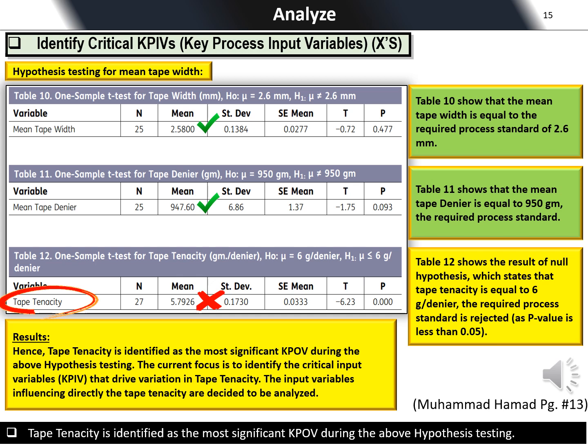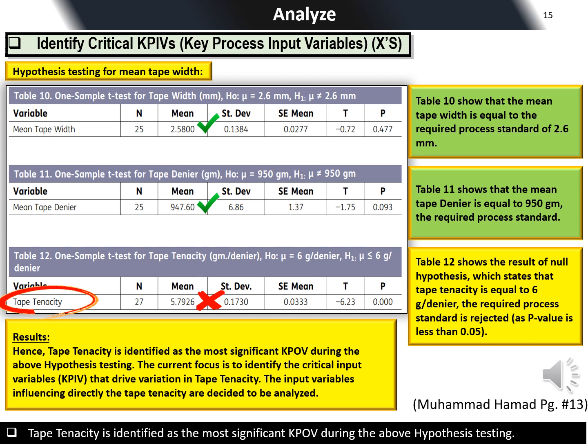Table 12 shows that the null hypothesis, which states that tape tenacity is equal to 6 g/denier, the required process standard, is rejected, as the p-value is less than 0.05. Results: hence, tape tenacity is identified as the most significant key process output variable during the above hypothesis testing.